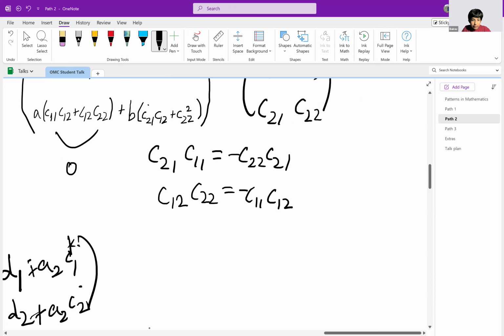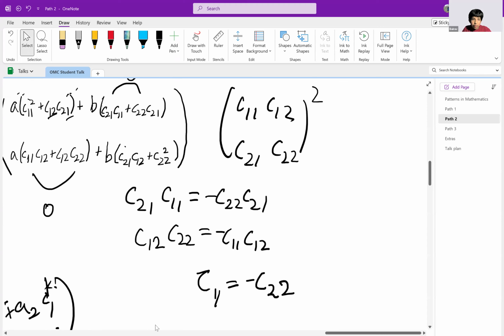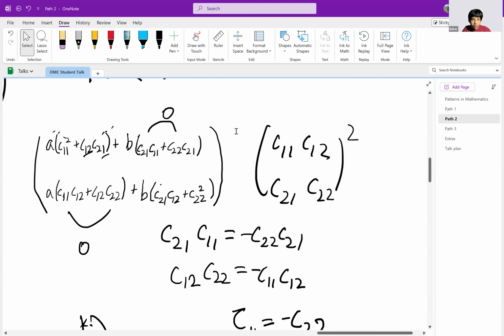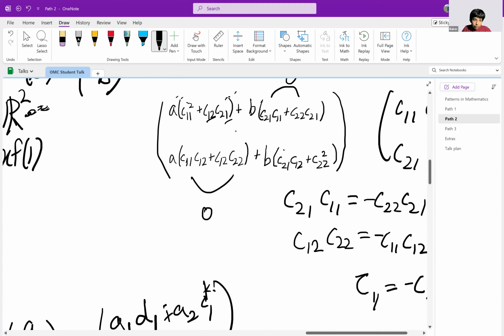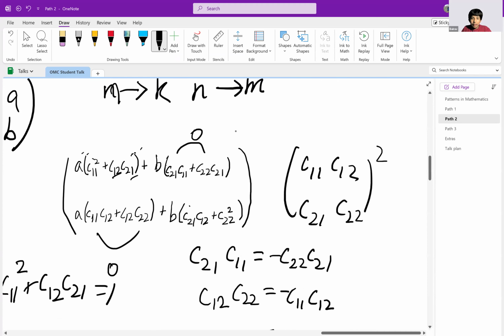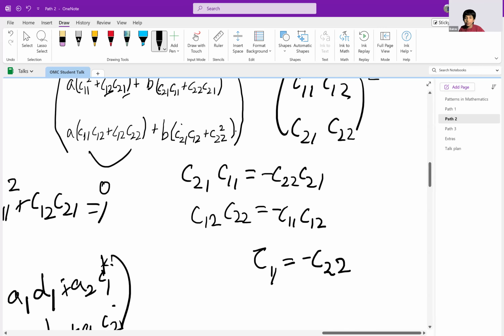So we get that C11 is minus C22. And also that C11 squared plus the product of these two is 1. So yeah, we can also look at involutory linear transformations.